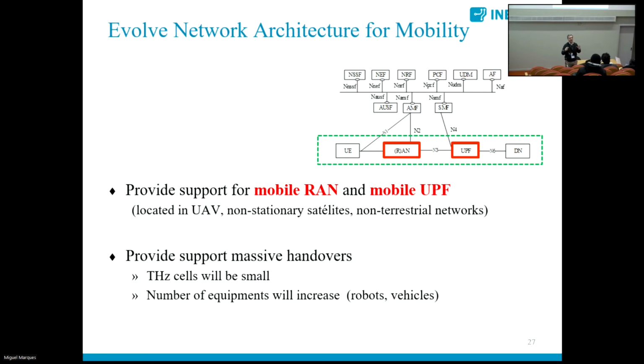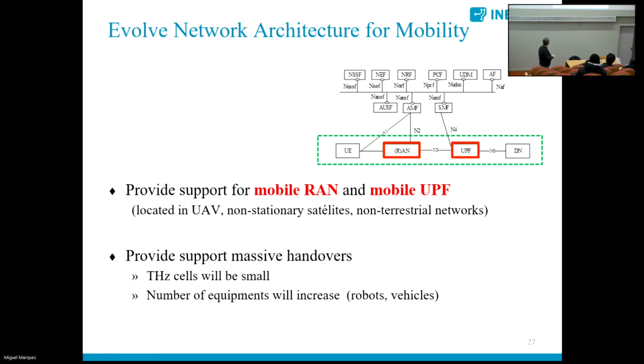So there is a new network emerging which enables us to combine the flying or the high altitude communication infrastructure with the infrastructure that we have on the field. And in order to make this possible, we will have to make these functions, the mobile radio access network and the mobile router, to be mobile and to be flying as well.